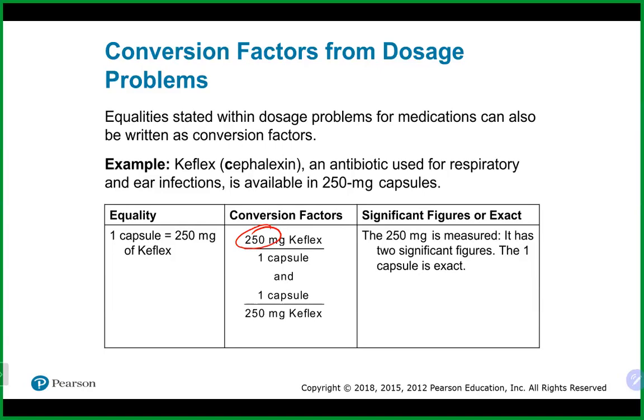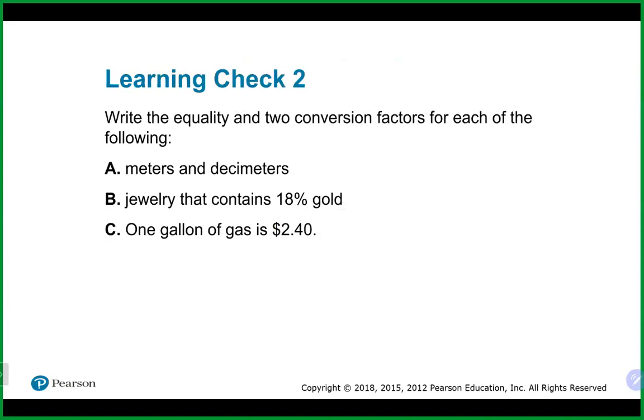So in addition to conversion factors that cross over from metric to English, for any conversion factor derived from the problem, you should look at the significant figures and the answer that you get. Any questions on that?